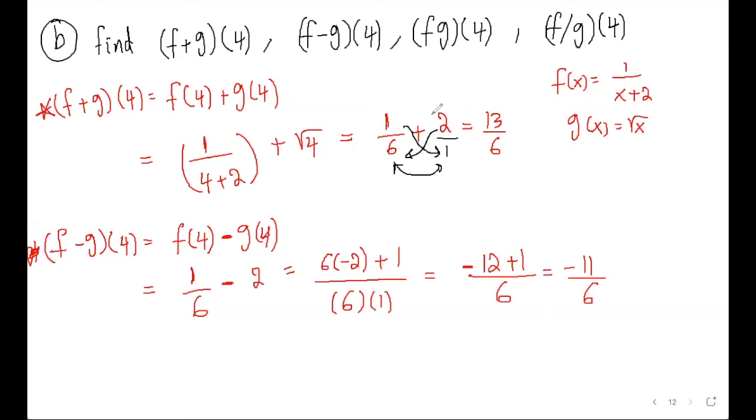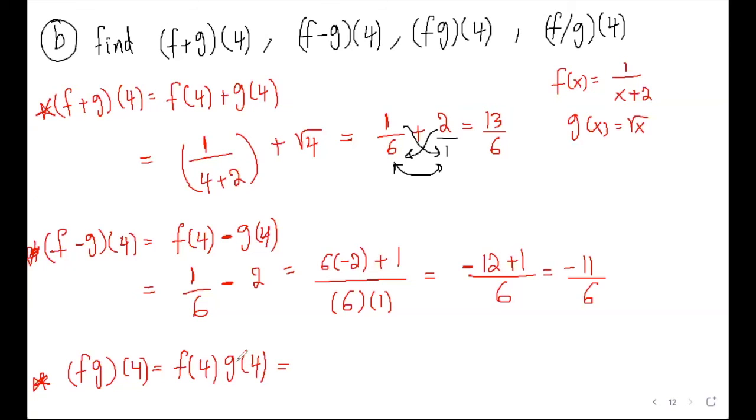Now for multiplication. f times g of x at 4. Same thing, f of 4 times g of 4.